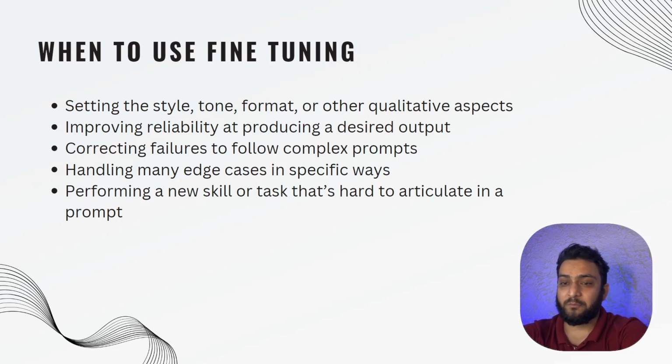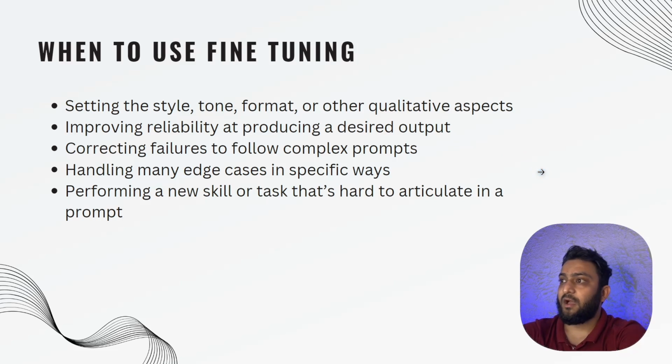In that case fine-tuning may not be a good solution. In that case, you can go for something like RAG, which we're going to talk about in further tutorials. But quantitative is a very important word. To change the qualitative aspect, you can use fine-tuning. This would improve your ability at producing a desired output.